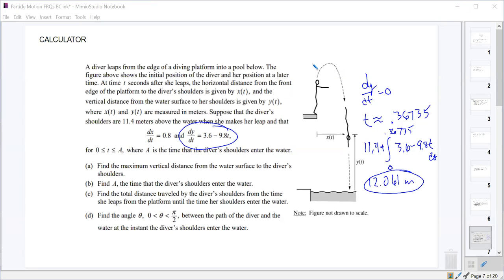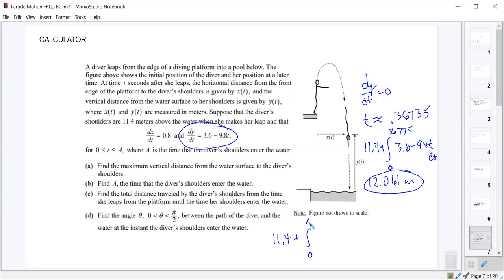Okay, then part B, we want to find a, which they're calling the time that the diver's shoulders enter the water. And so that would mean that we would need to be at a position of 0 in the y direction. So our position at any given time is given by our initial position plus the integral from 0 to some value.